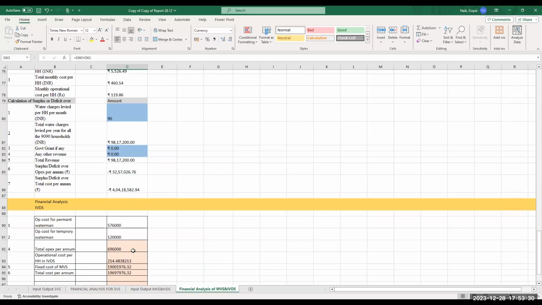We still have to finalize this. There are some small changes that we need to make. We will make these changes and send it to you.